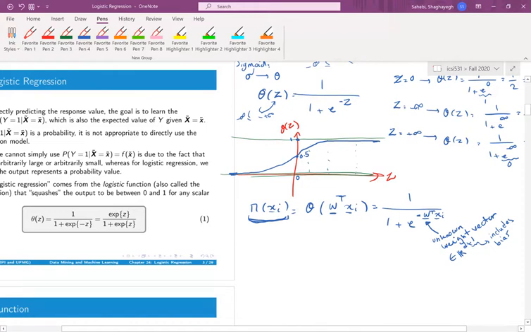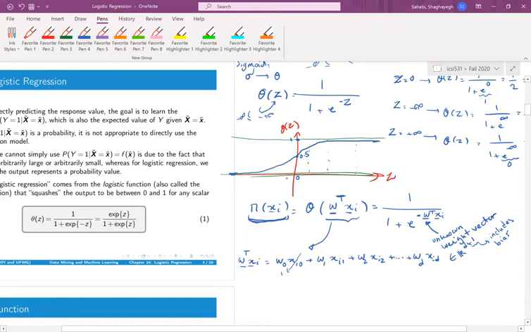Again, remember that W transpose xi is a scalar value. What is W transpose xi? It is W0 xi0, which is 1 always, plus W1 xi1 plus W2 xi2 plus etc. WD xid. So this is a scalar.